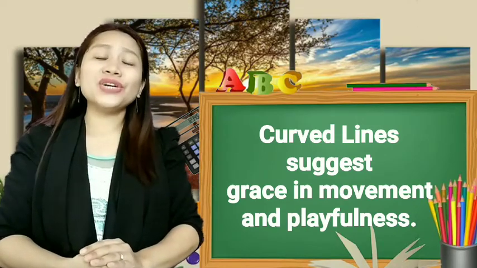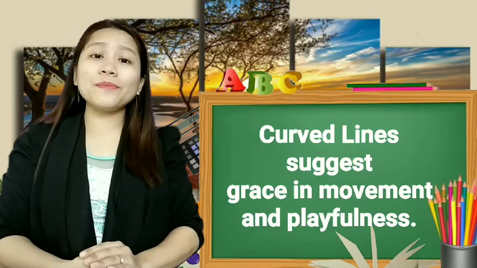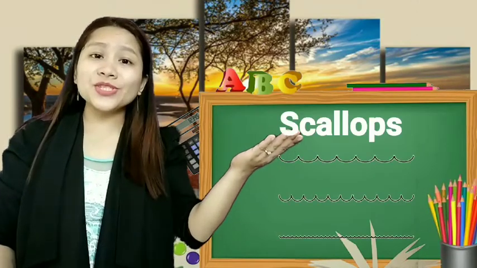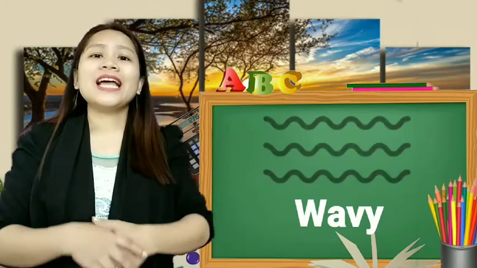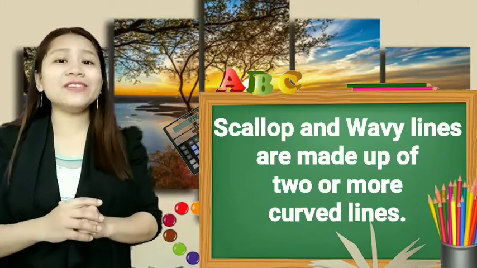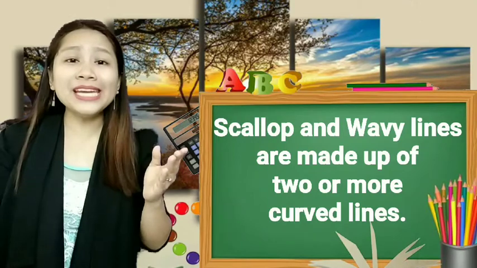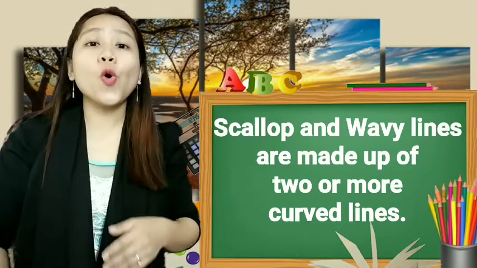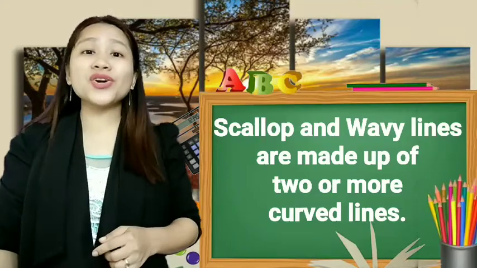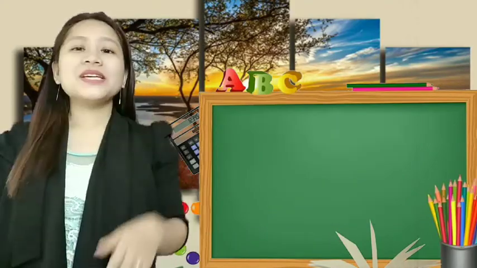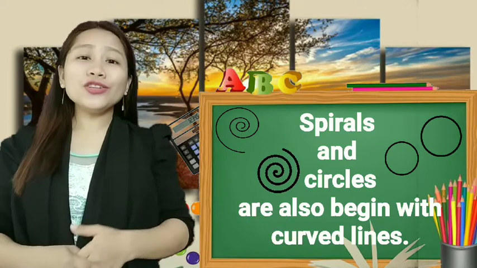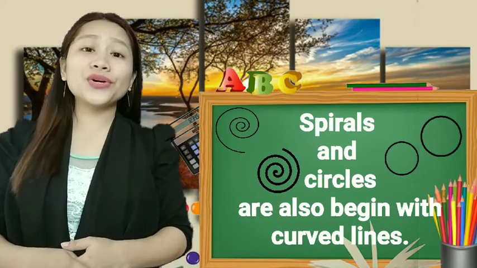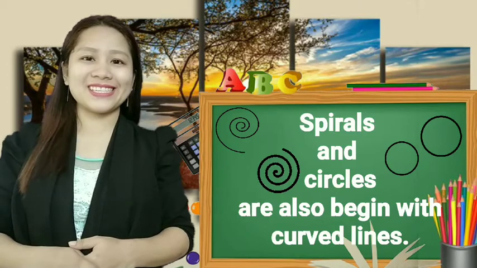When we say curved lines, it can be scallops or wavy. Now scallop and wavy lines are made up of 2 or more curved lines. Spirals and circles also begin with curved lines.